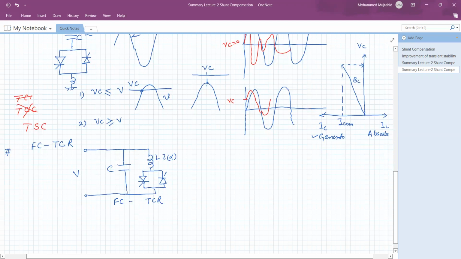So by combining these two, one may obtain variable generation as well as variable absorption.